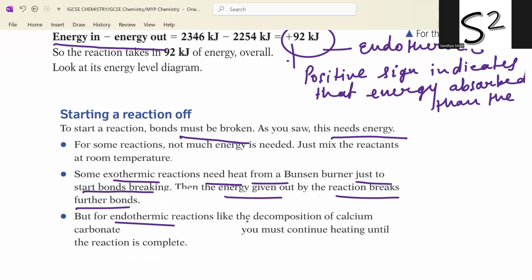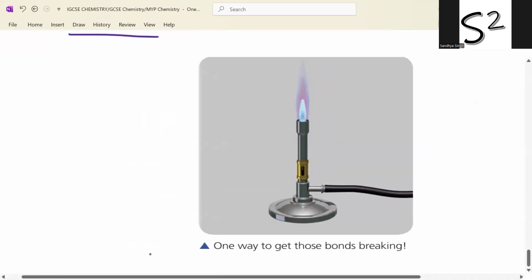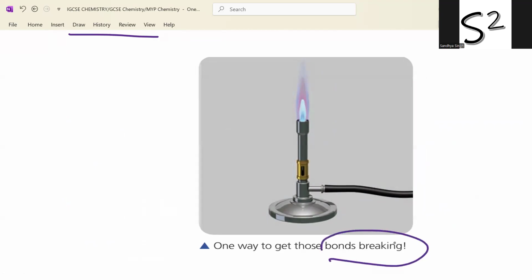But for endothermic reactions like the decomposition of calcium carbonate, you must continue heating until the reaction is complete. This is one way to get those bonds breaking. It means to break the bonds, energy is absorbed. Heating is required to break the bonds. I hope you have got your concepts clear.